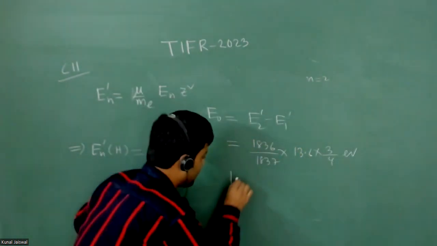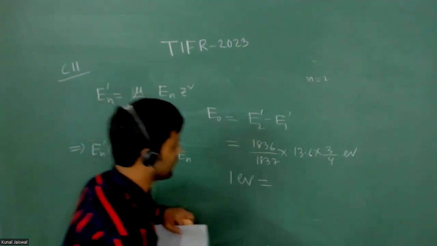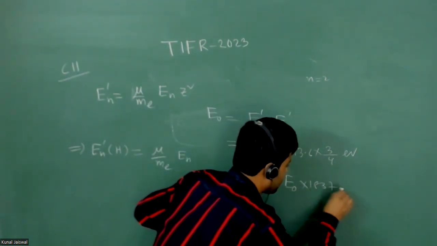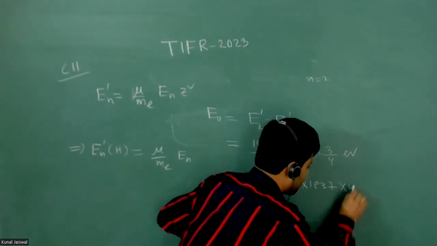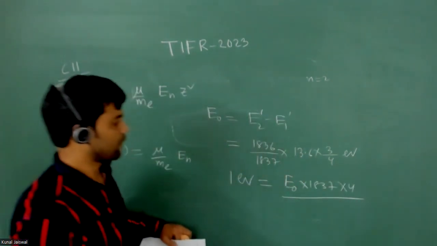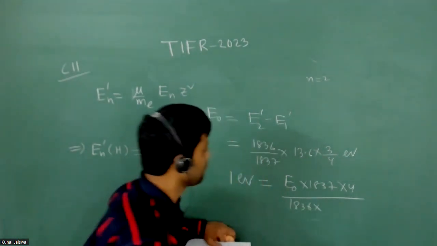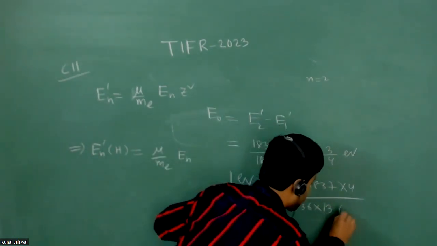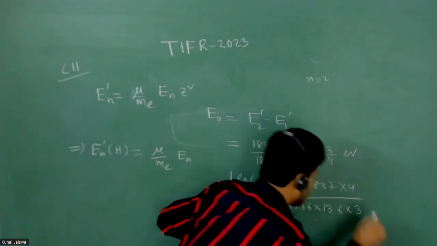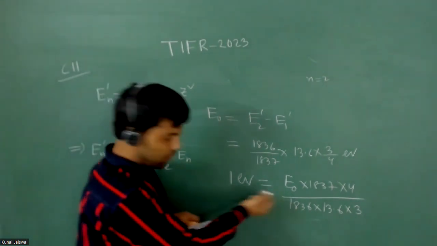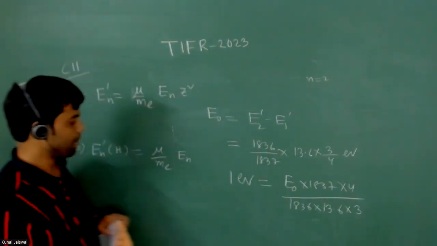It means I can define one electron volt as E naught into 1837 into 4 divided by 1836 times 13.6 times 3. So this is the expression for one electron volt. I can define it like this.